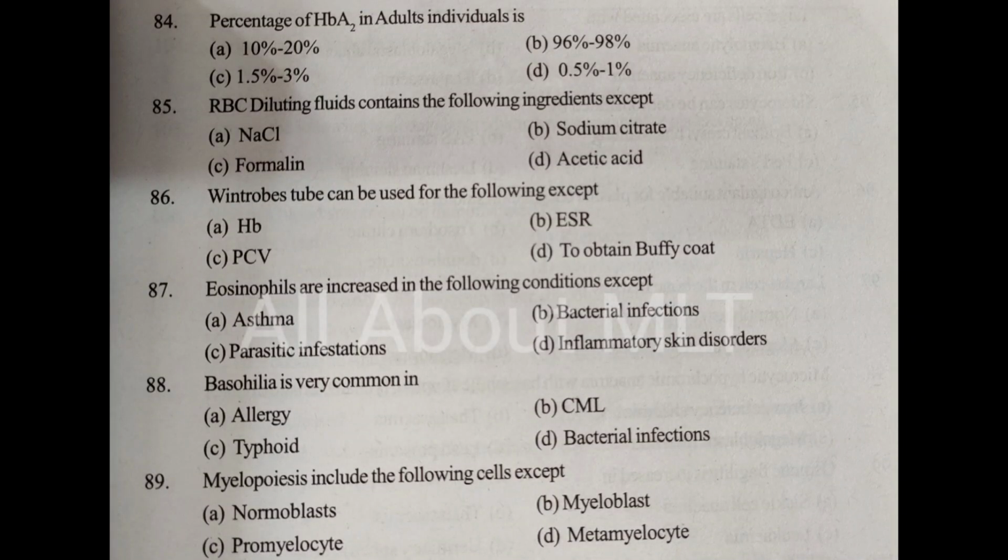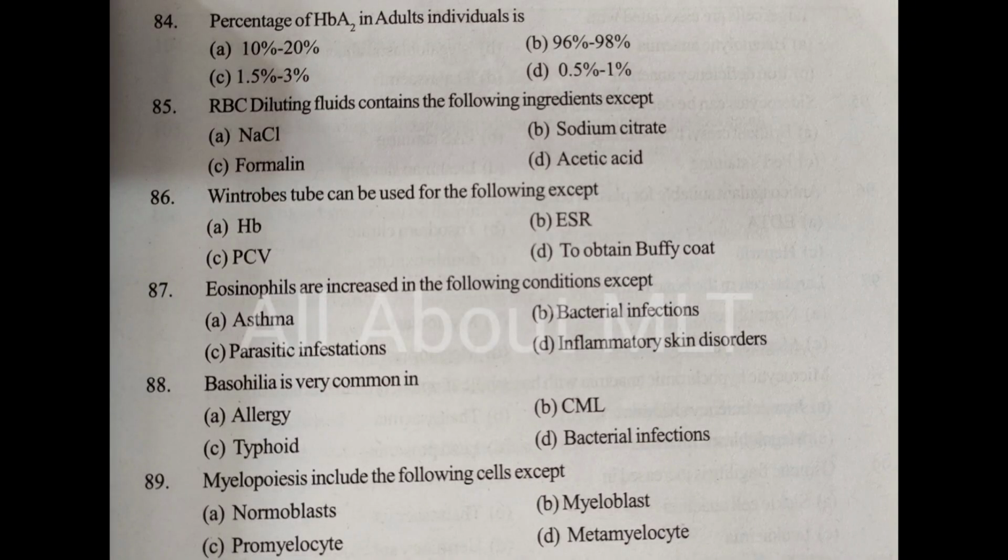RBC diluting fluids contain the following ingredients except: option A, sodium chloride; option B, sodium citrate; option C, formalin; option D, acetic acid. The answer is option D, acetic acid. Wintrobe's tube can be used for the following except: option A, hemoglobin; option B, ESR; option C, PCV; option D, to obtain buffy coat.